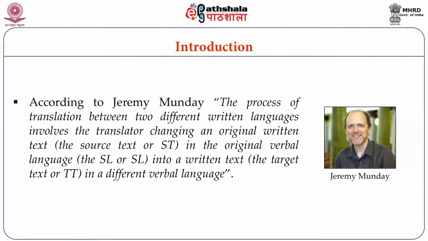According to Jeremy Munday, I quote, "The process of translation between two different written languages involves the translator changing an original written text, the source text, or ST, in the original verbal language, the source language or SL, into a written text, the target text or TT, in a different verbal language, or TL."